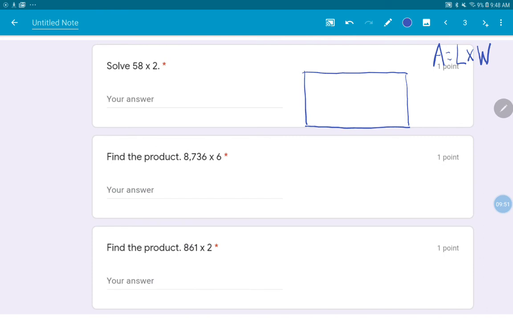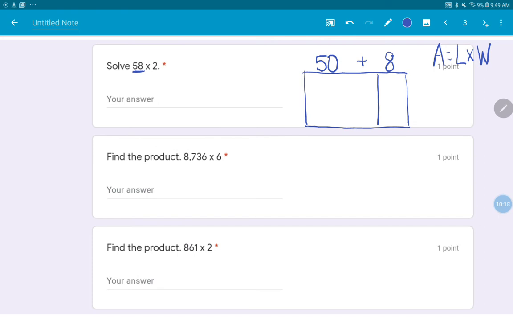So if I take a rectangle and I'm going to make the length equal to 58. But I'm going to break that up into expanded form so that it's easier to multiply. Is 50 plus 8 equal to 58?